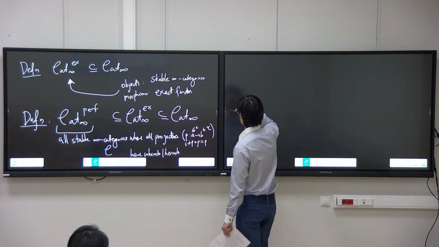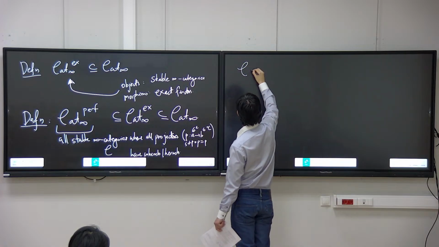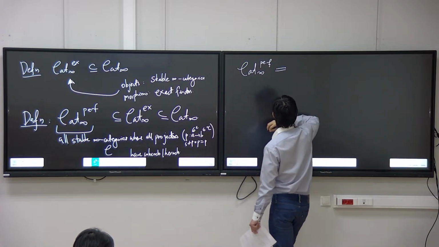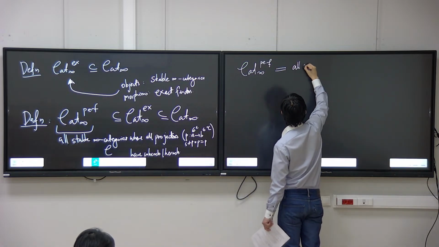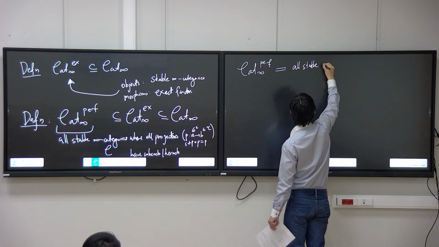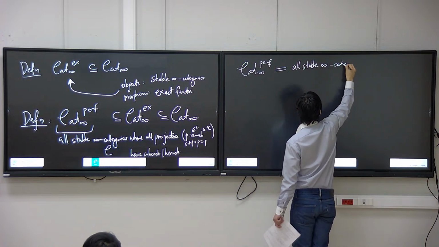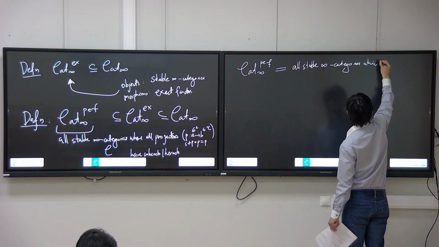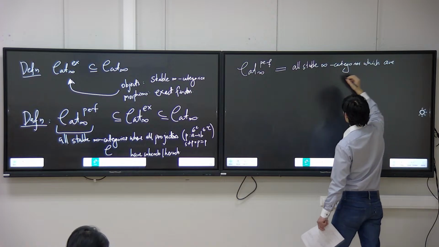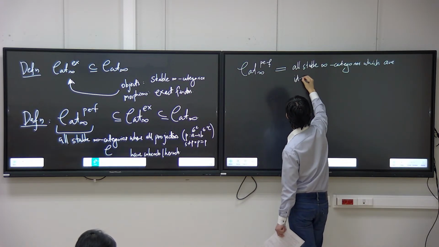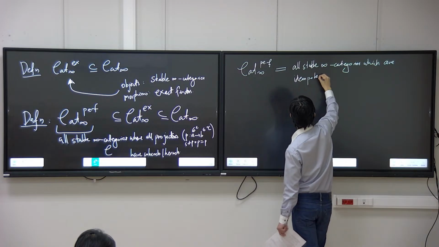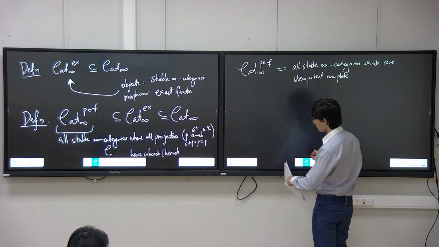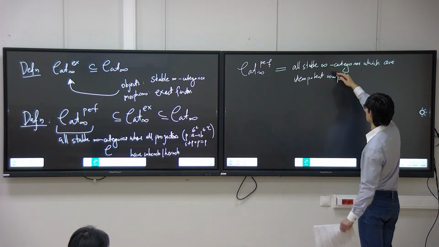In any case, Cat_∞^perf, another way of writing it, is basically all stable infinity categories which are, in the literature you can say, idempotent complete. Idempotent complete categories are in between abelian categories and something like triangulated categories.